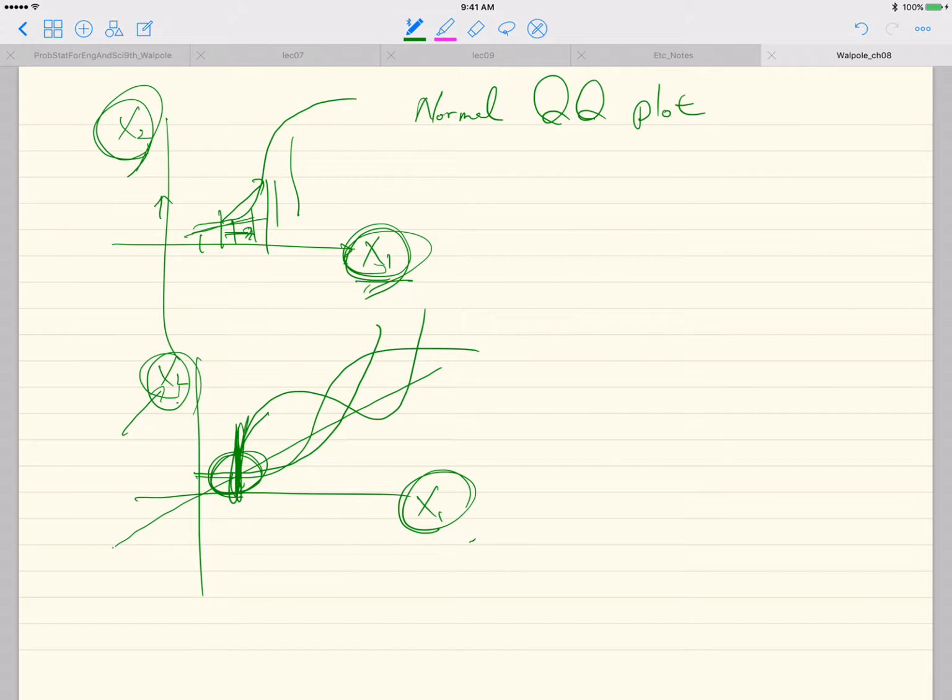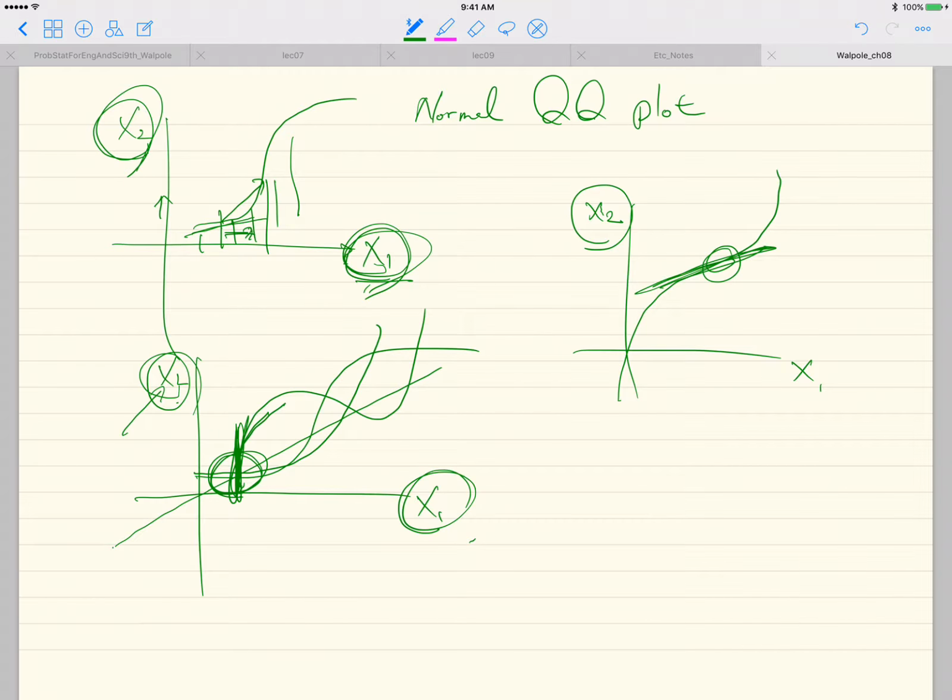But at around here, the slope is much less than 1. So in that case, the probability is increasing much faster for x2 compared to the standard normal random variable. So that way, by setting x1 as a standard normal random variable, we can compare visually how different the distribution of x2 is from the standard normal random variable.